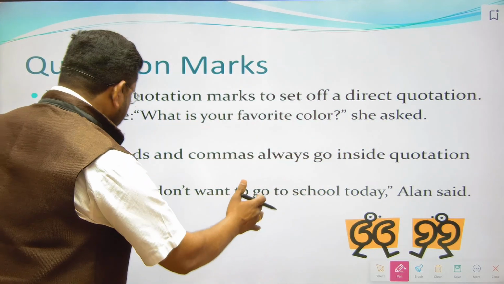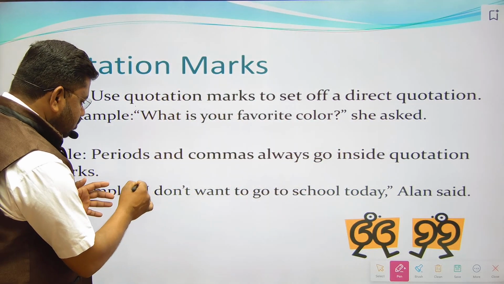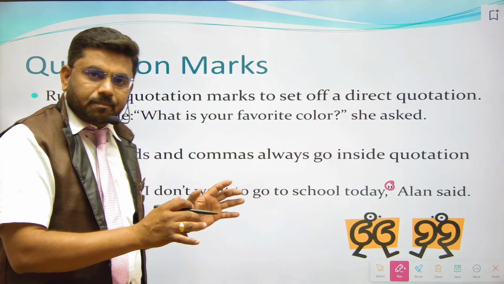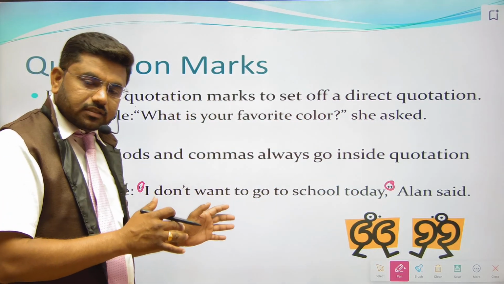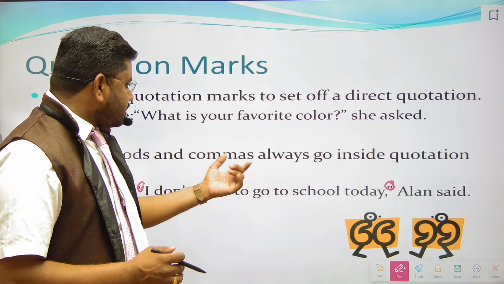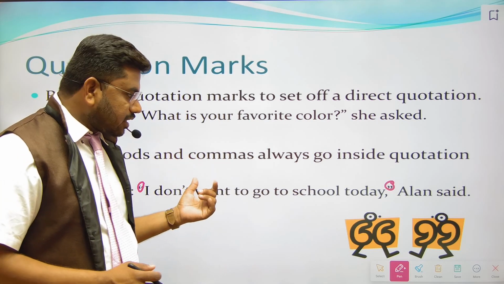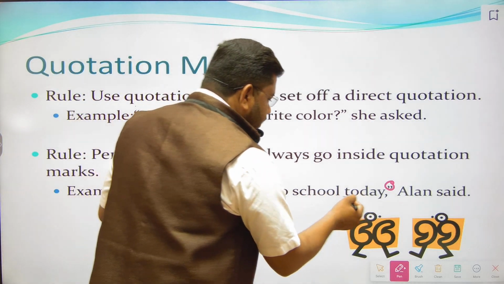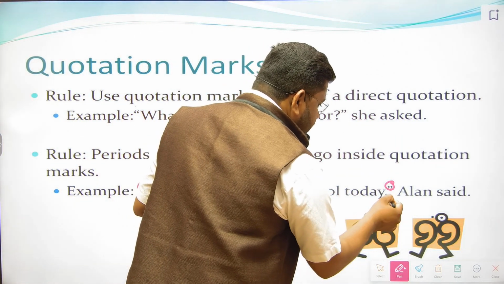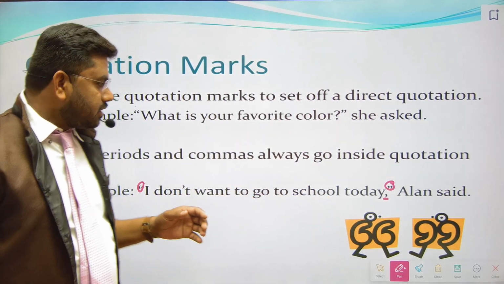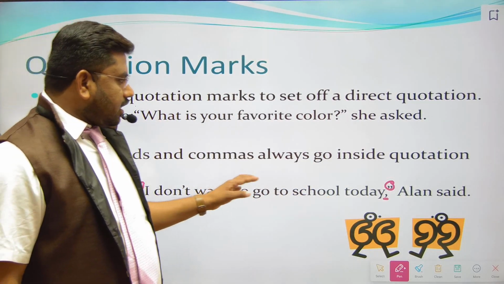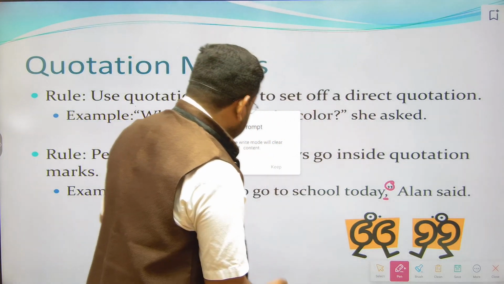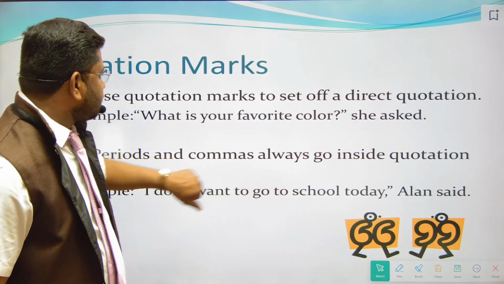Meaning the quotation is given here, and this quotation and this quotation, both sides are put, because we have taken this sentence as it is, and commas and periods or full stops should be between, or at the end of, or in between the sentence, as it is given. Meaning, in the sentence we have to put this quotation. Okay, understood. Next.